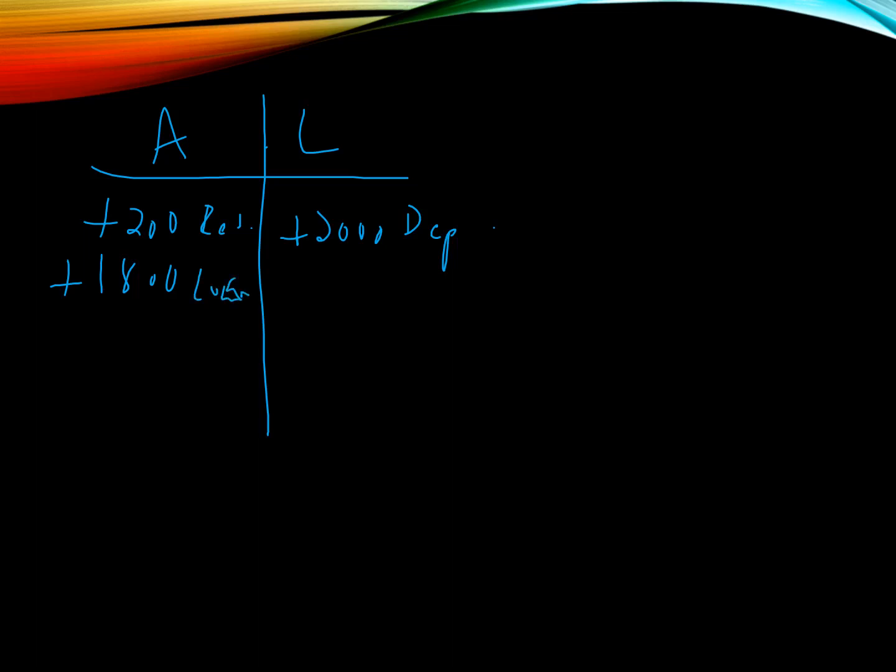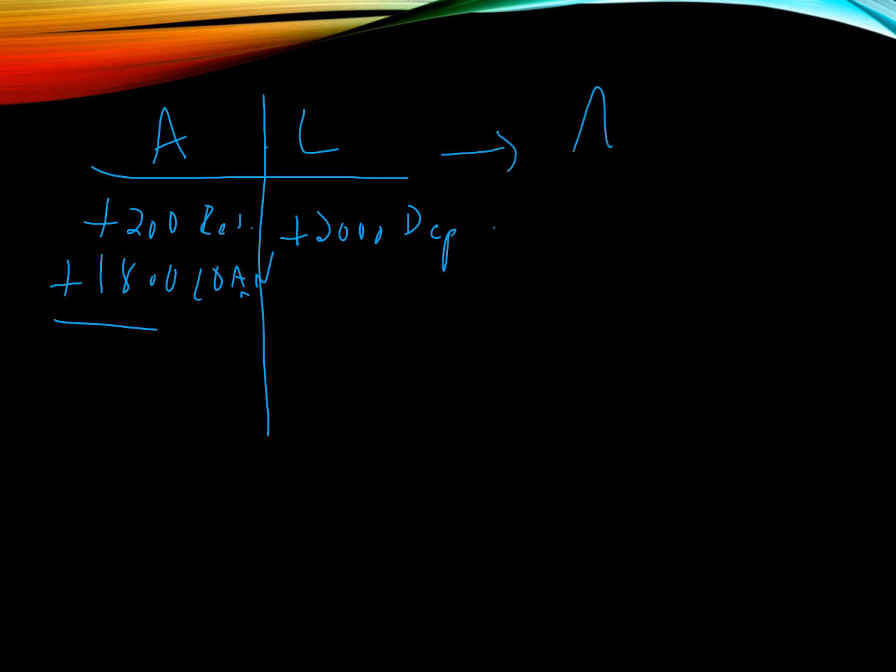I should use block lettering from now on, so I don't want to say L because I don't want that either. I want a pen. So loan, changing the colors on you. So loan, $1,800. Well, this $1,800 loan is going to be paid to someone, or else there would be no reason to take the loan out.